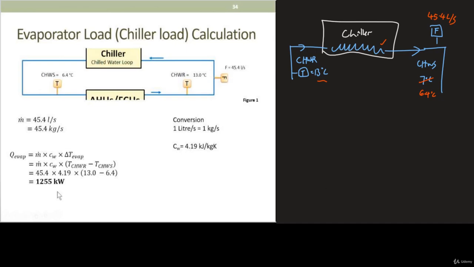That is to say the water actually rejects 1255 kilowatts of heat to the evaporator of the chiller. That's the amount of cooling you provide to the water itself. So that's how you do a calculation for the evaporator.